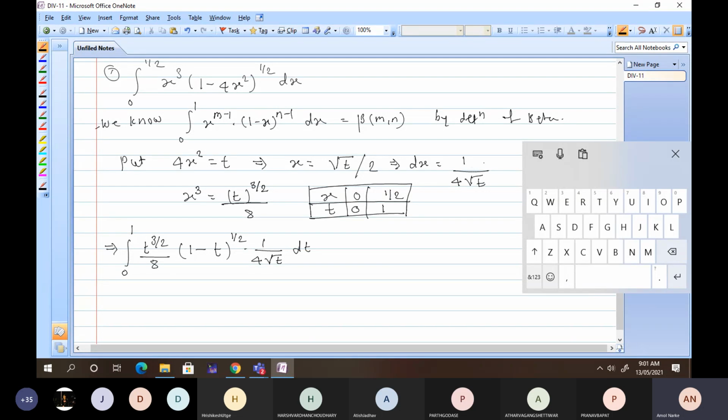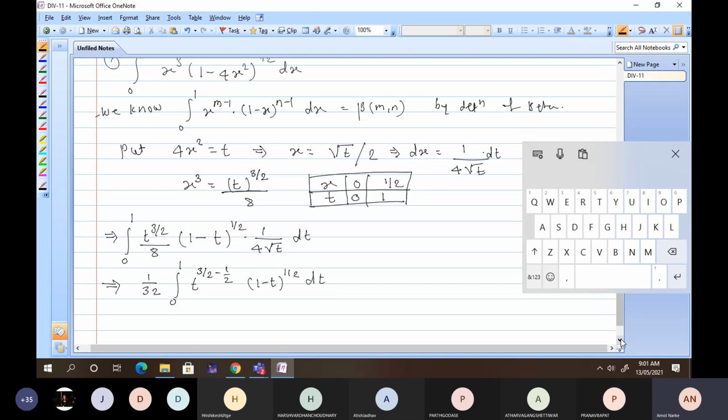I forgot to mention dt here. Now take the constant term outside. 8 fours are 32, so 1 divided by 32 outside, integration 0 to 1. Now t raised to 3 divided by 2, and t raised to half comes in the numerator. So t raised to 3 divided by 2 minus 1 divided by 2 into 1 minus t raised to 1 by 2 into dt. Is it okay?